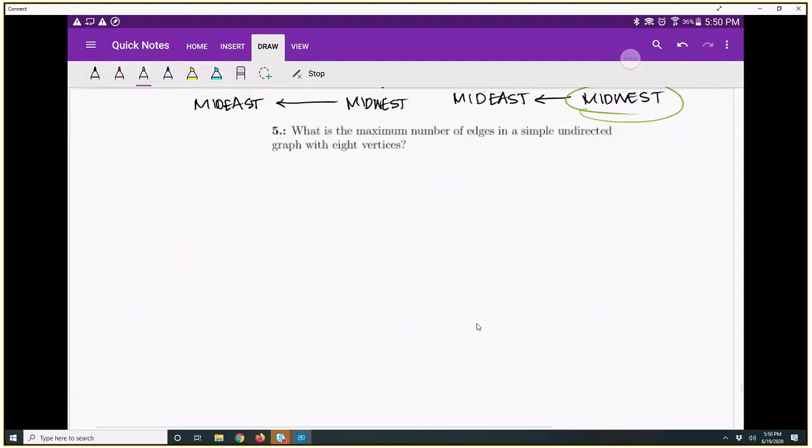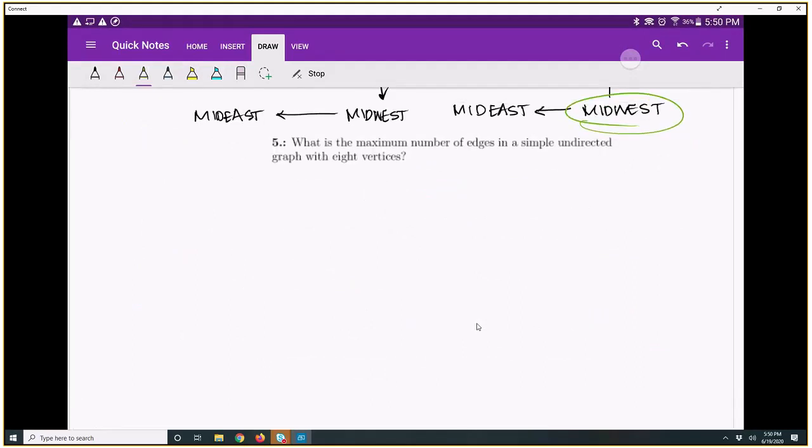Then the last question here is, what is the maximum number of edges in a simple undirected graph with 8 vertices? So I'm going to draw in 8 vertices, and I'm just drawing them sort of at random.